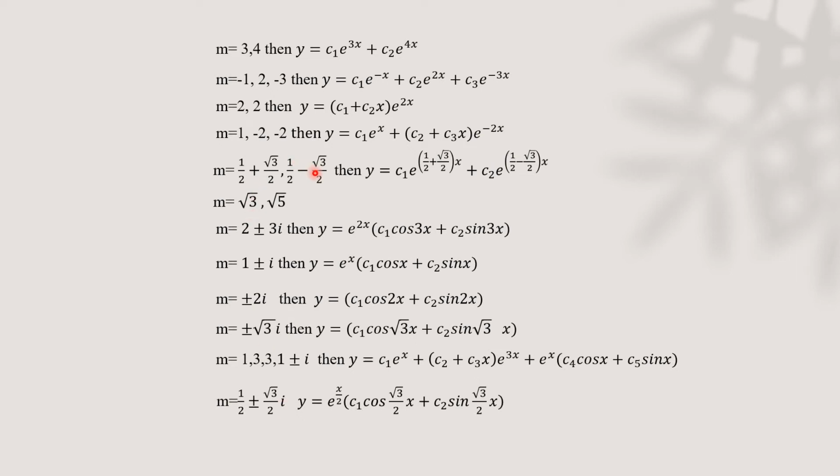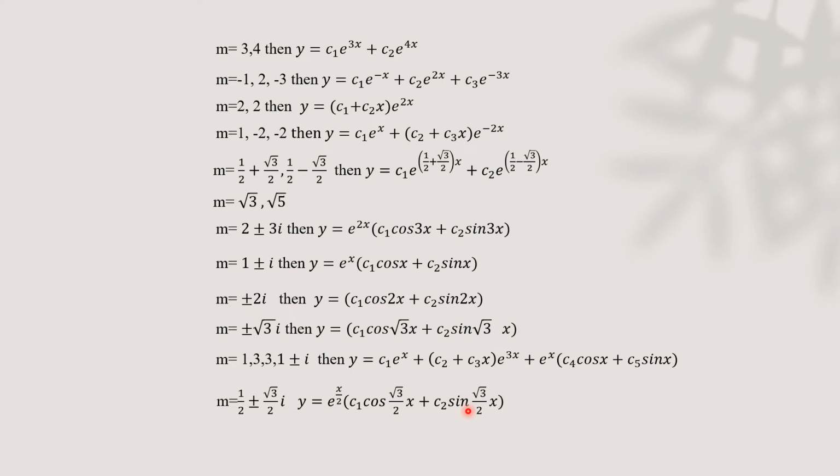When you do not have any i here, that represents only real numbers. As we got i here, this represents a complex number. The solution for this is e power x by 2 times of c1 cos root 3 by 2x plus c2 sin root 3 by 2x. I think you all got some conclusion regarding how to write the solution for a homogeneous differential equation.